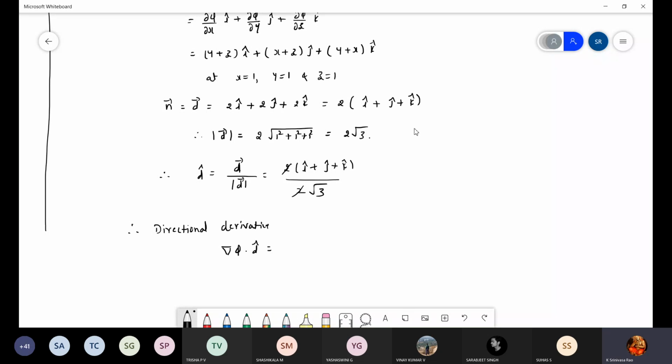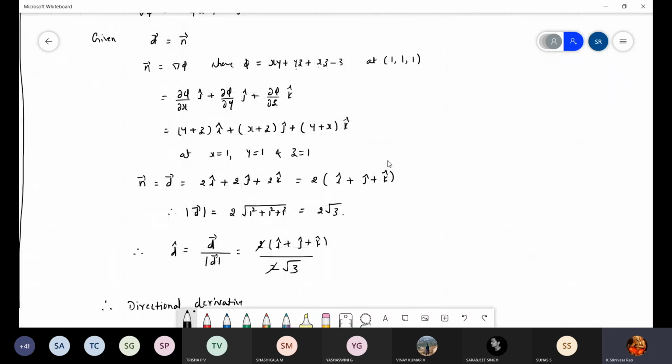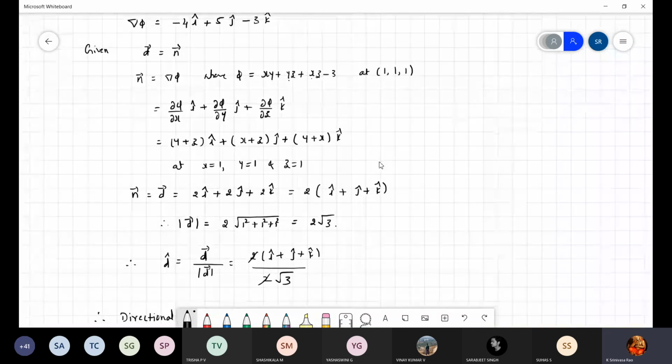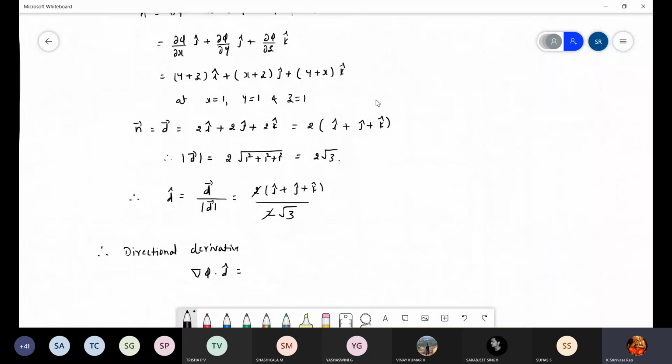Grad phi is, from the beginning, minus 4i plus 5j minus 3k, dot i plus j plus k divided by root 3.